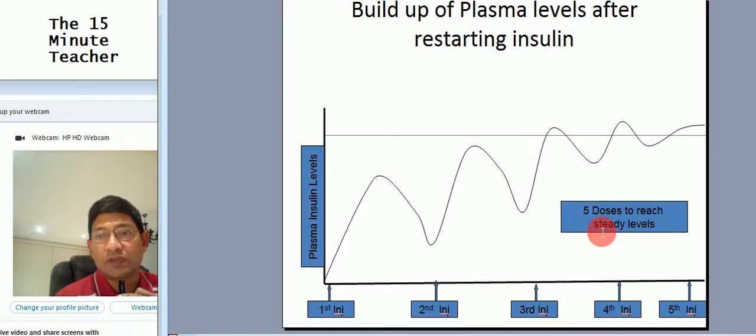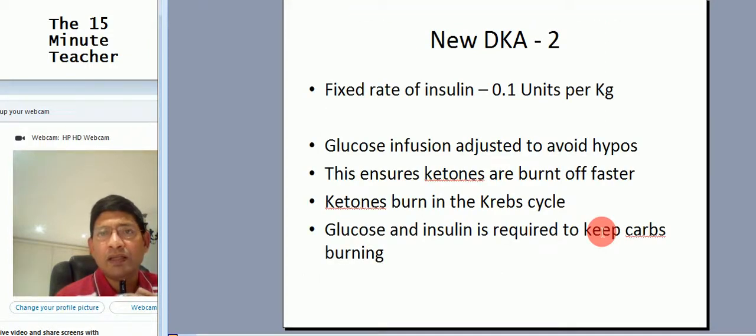The second change is the fixed dose insulin that we use, 0.1 units per kilogram per hour. This would equate to about 5 to 7 units per hour.